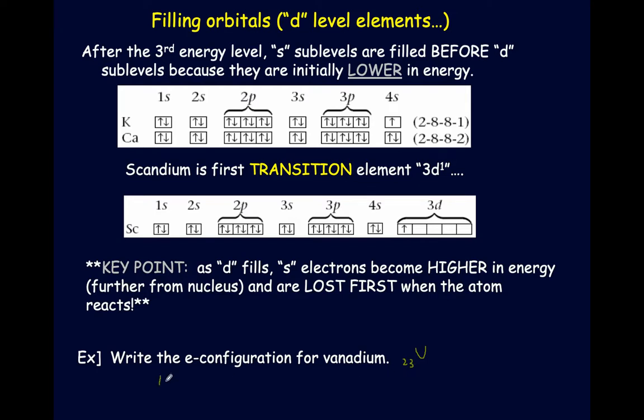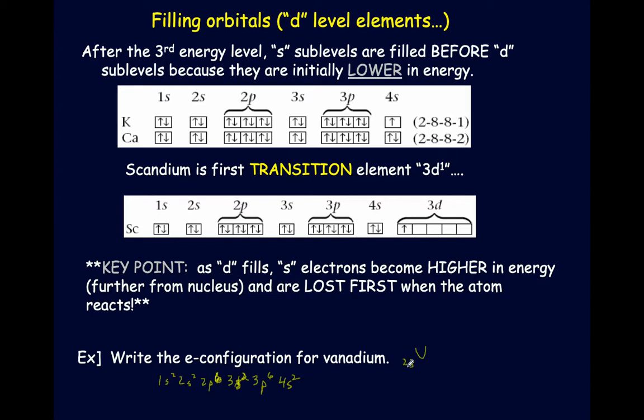So it would be 1s2, 2s2, 2p6, 3s2, 3p6. Now that would be 18, right? 2, 4, 6, and this would be 18. And what we're going to do is fill the 4s2 first to make that 20.